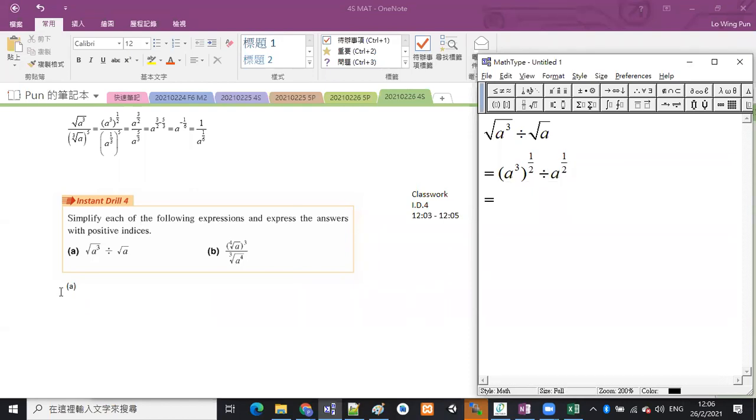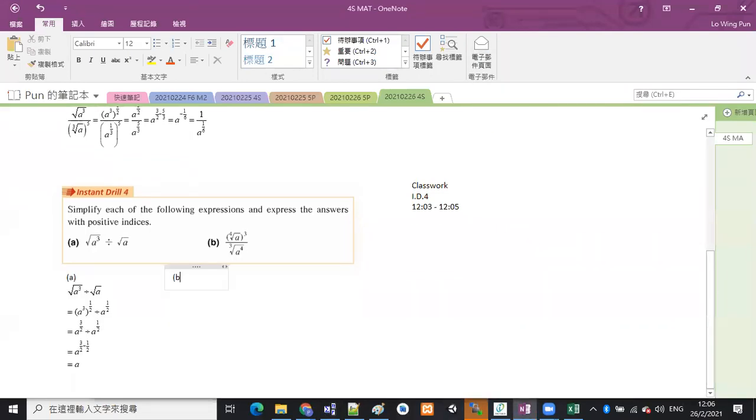We have to handle the power of power first, just multiply the powers together. 3 times 1/2 is 3/2, and then divided by a to the power 1/2. When it is division, we just do the subtraction on the indexes. So it becomes 3/2 minus 1/2. So that is a to the power 1. So the final answer is just a.